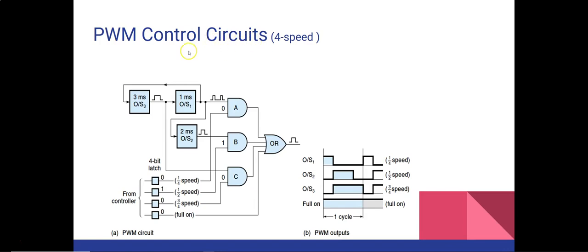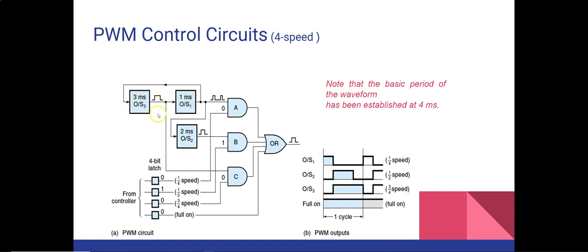Next, we are going to see the pulse width modulation control circuit, which uses a special type of programmable timing circuit built into the microcontroller. So let's understand the circuit. Here S3 and S1 make up an oscillator, and the 3 millisecond one shot triggers the 1 millisecond one shot, which feeds back to trigger the 3 millisecond one shot again, and so on.